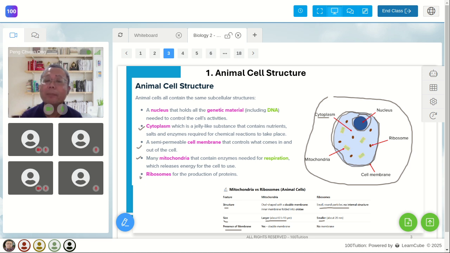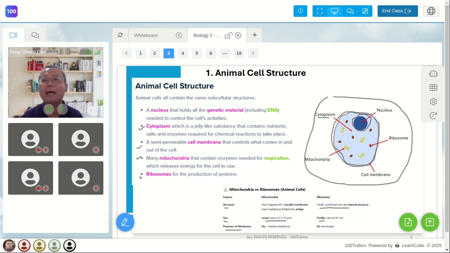In terms of size, definitely the mitochondria will be larger, whereas the ribosome will be smaller. And then the presence of membrane is quite obvious. You can see the mitochondria has a double membrane, whereas the ribosome has no membrane. So when you are given a diagram of a cell, it'll be quite easy to know which one is the mitochondria and which one is the ribosome.